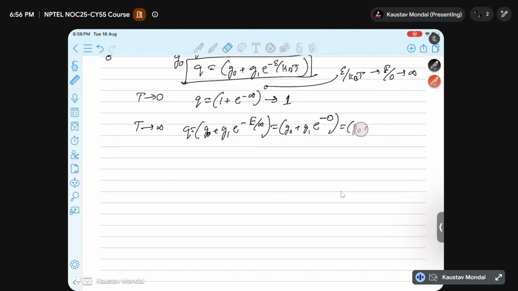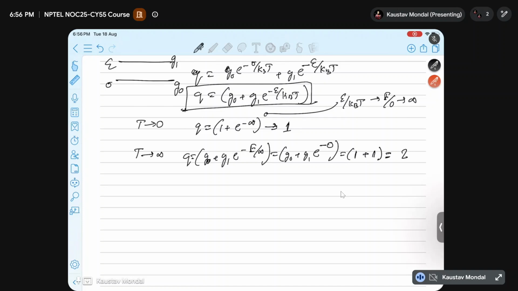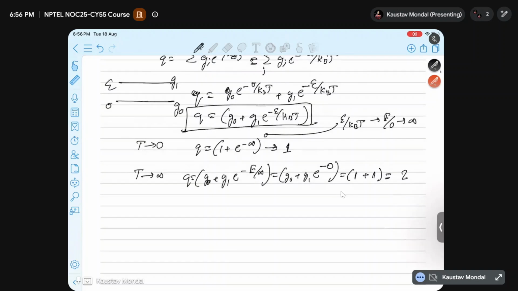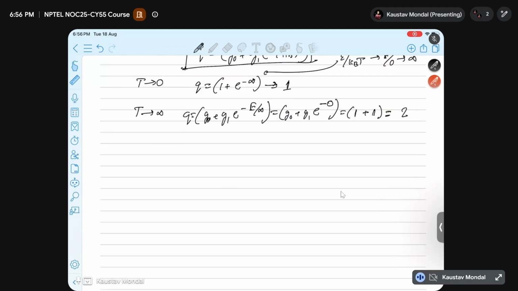If g0 is 1 and g1 is also 1, then 1 plus 1 becomes 2. For the context, let's consider g0 is 1 and g1 is 1, so the two energy states have no degeneracy, for the time being.